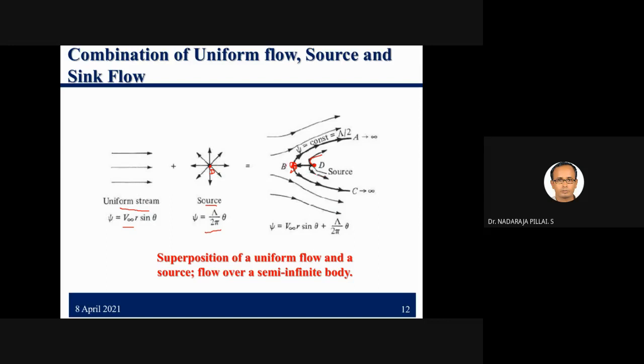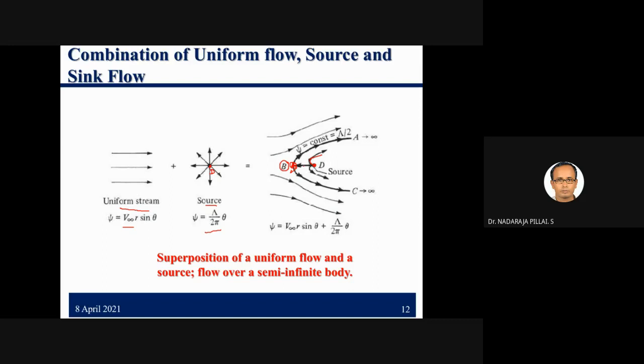It contains a stagnation point at the point B. So the point B divides this streamline. It separates the fluid coming from the free stream and the fluid emanating from the source. Here is the source. The flow moves in this direction and you have a free stream velocity, that is a uniform stream, right?